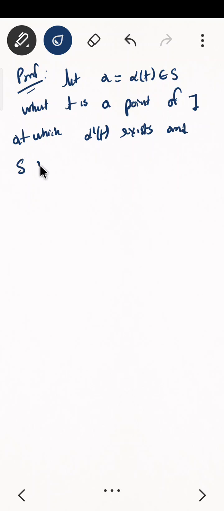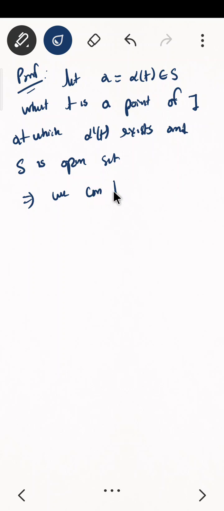Okay, so we are starting with let a equal to alpha of t, that is given to S, and that belongs to S, where t is the point of I at which alpha dash of t exists, and S is an open set. Implies what?